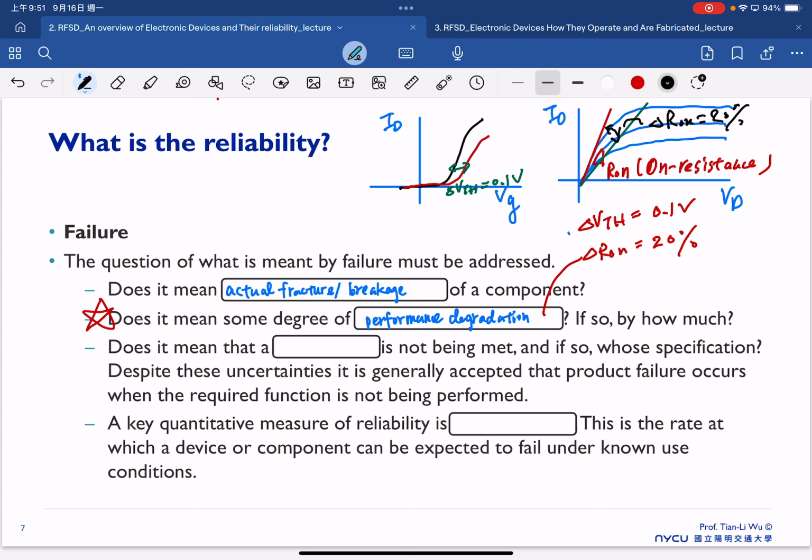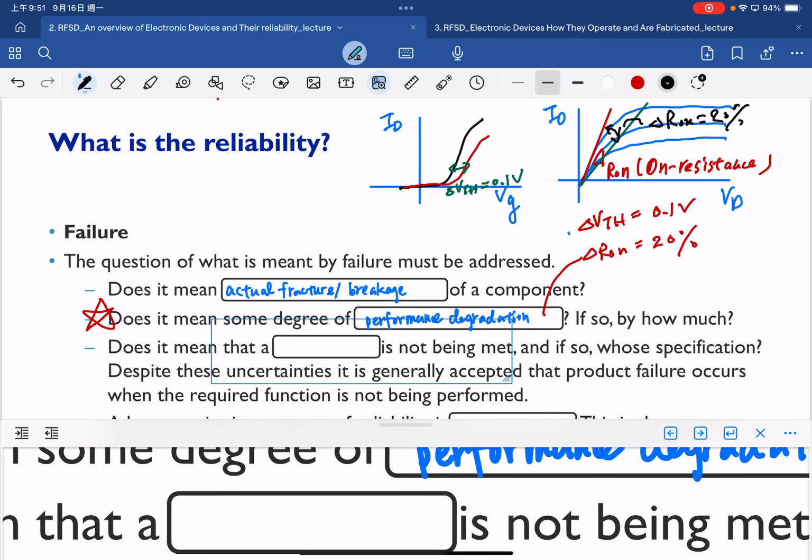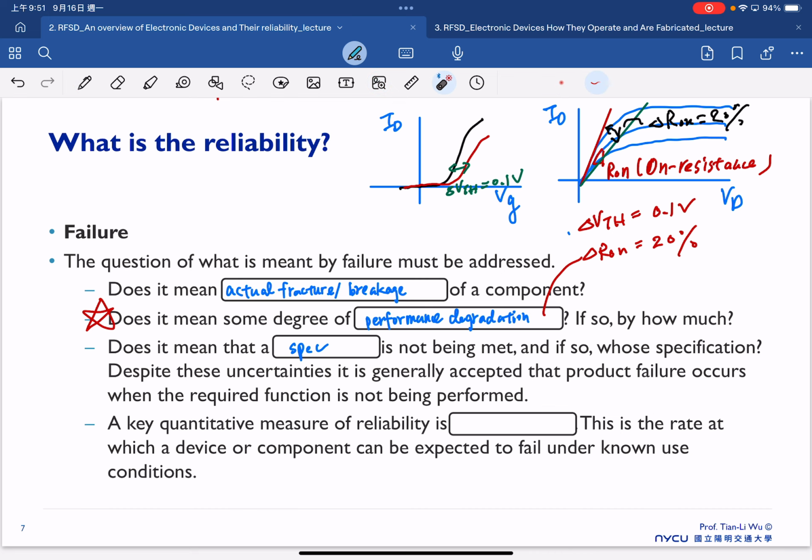So does it mean that a spec is not being met here? And if so, what is actually the spec here?